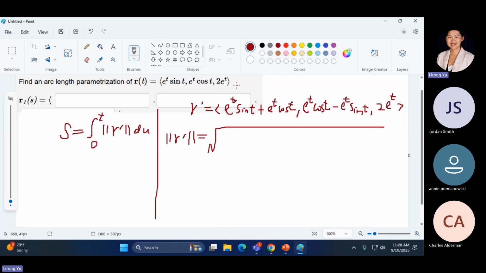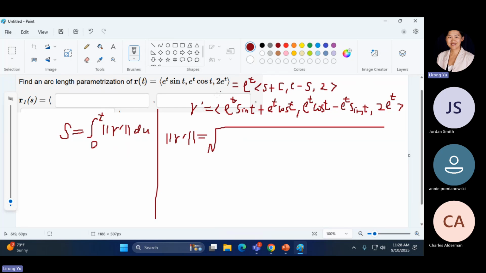So to make it easier to find the magnitude, I'm going to get the common factor e to the t out of it. So get e to the t outside, and you have sine t plus cosine t, and then cosine t minus sine t, and this is a 2. The shorter the representation, the easier when you write it up.